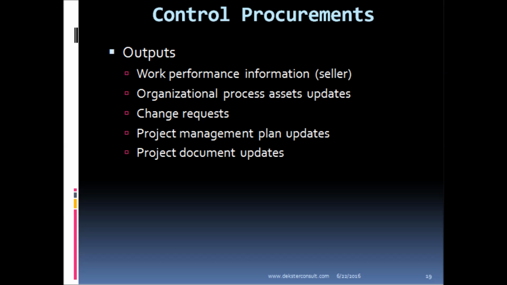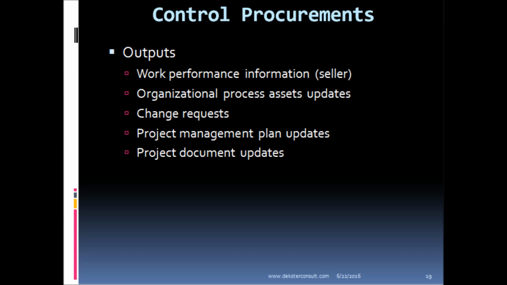Now, what will we seek to achieve? What will be our outputs of the control procurement process? We will be receiving work performance information from the seller, and we could be updating a number of documents on our project. We could update our organizational process assets.